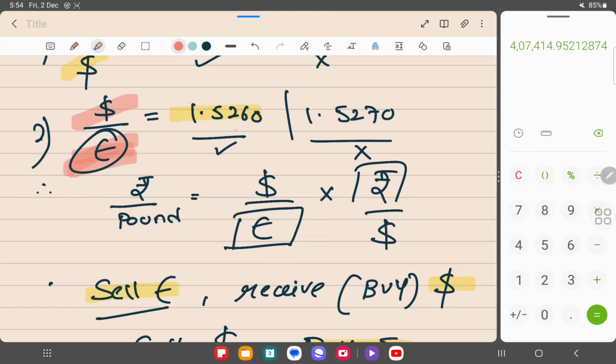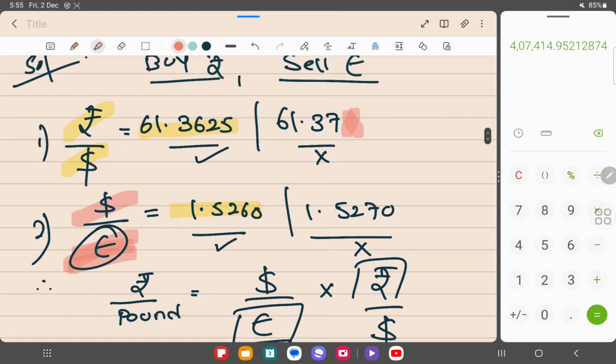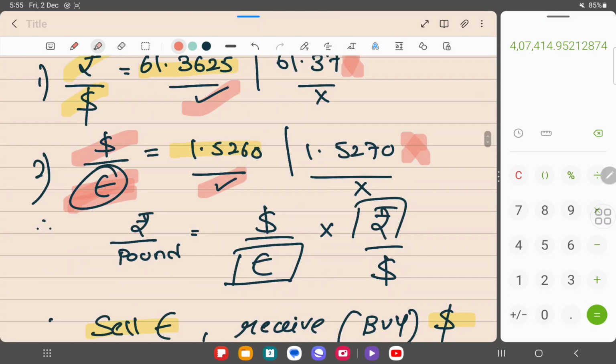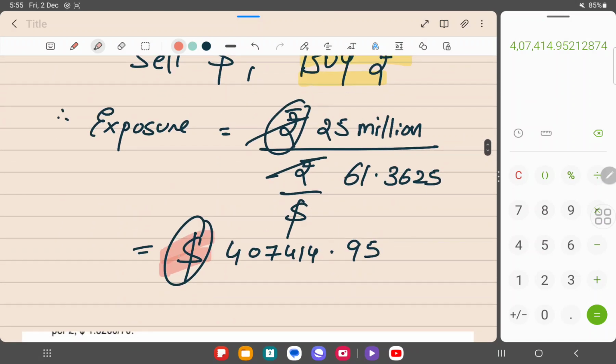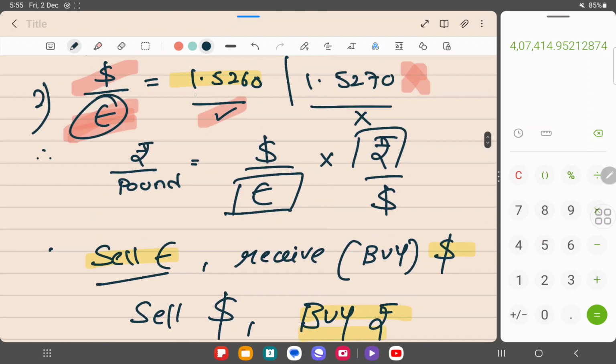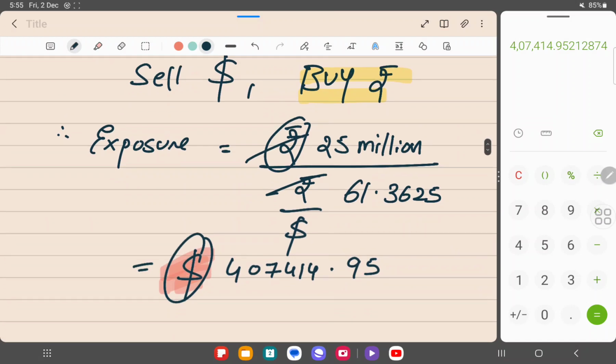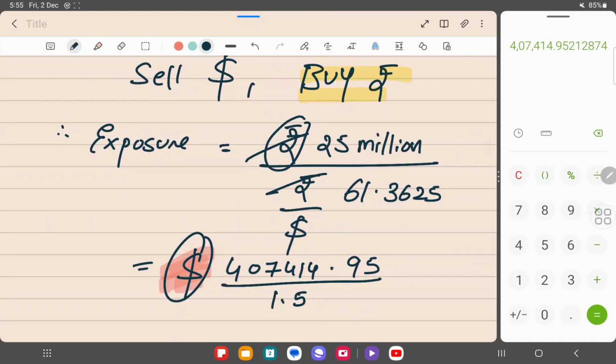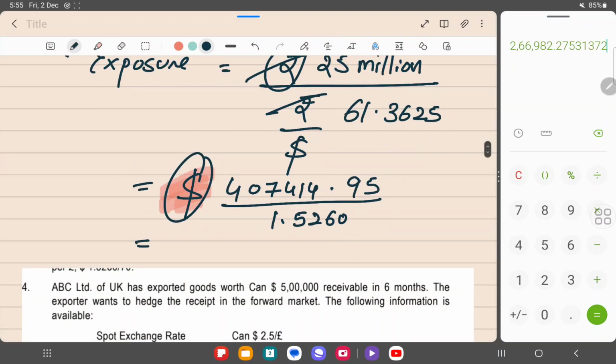We've already selected this quote, so these quotes are immaterial. What the further action that has to be done is divide or multiply. Since this is a direct pound quote and my exposure now is in terms of dollar, I have to divide this. So I'll divide this by 1.5260, and you are getting something like 266,982.